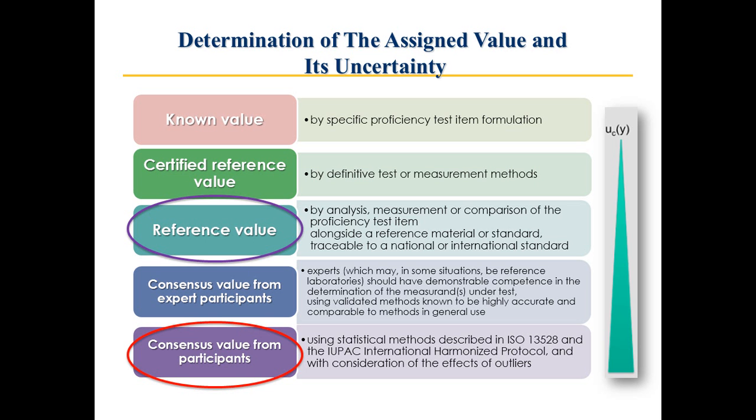Using reference value is a trend that is determined by analysis, measurement, or comparison of the proficiency test item alongside a reference material or standard traceable to national or international standards.